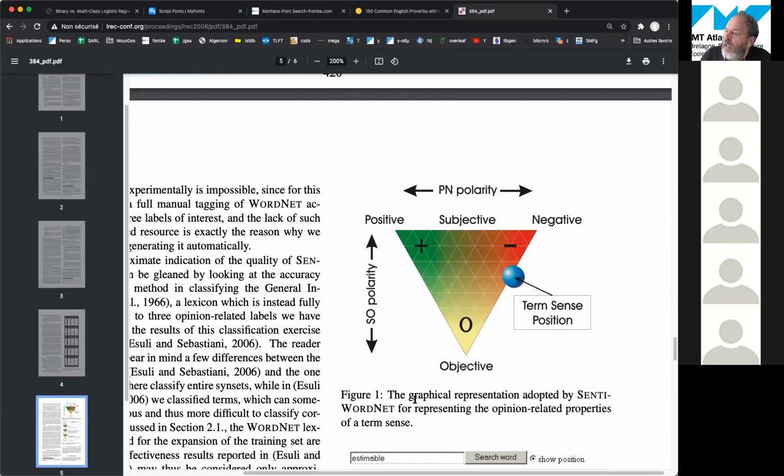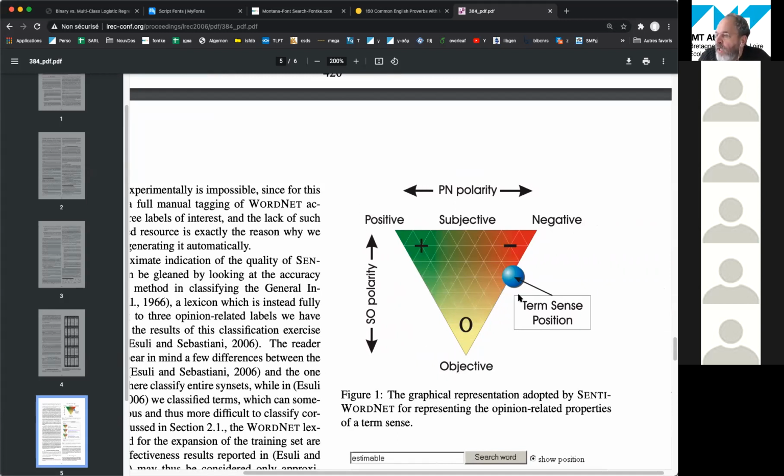It's a triangle where you have positive, negative polarity. So a positive feeling and negative feeling, and another axis between objectivity and subjectivity.